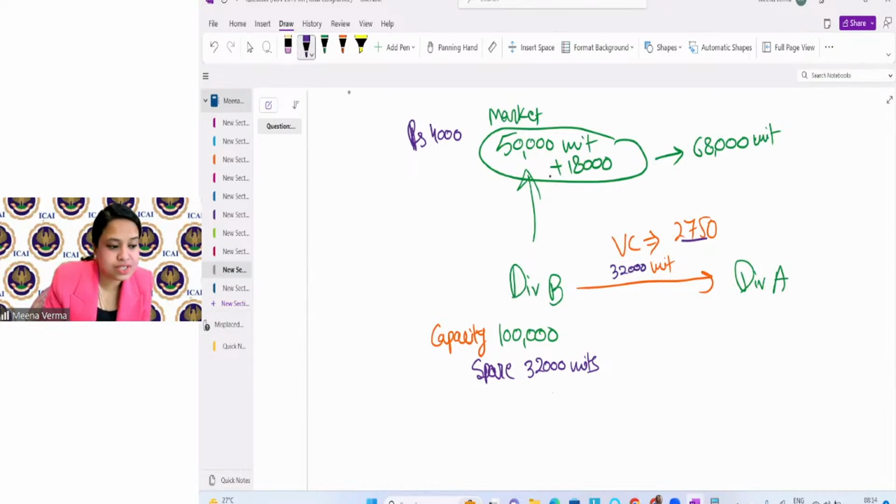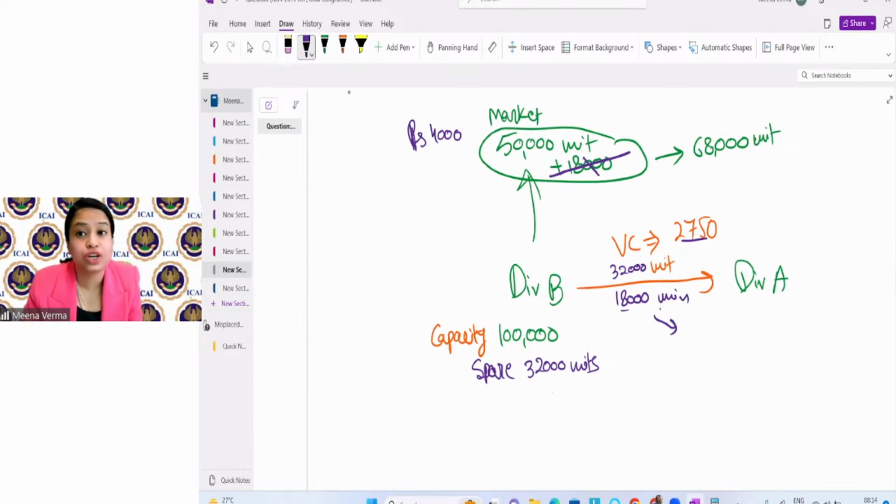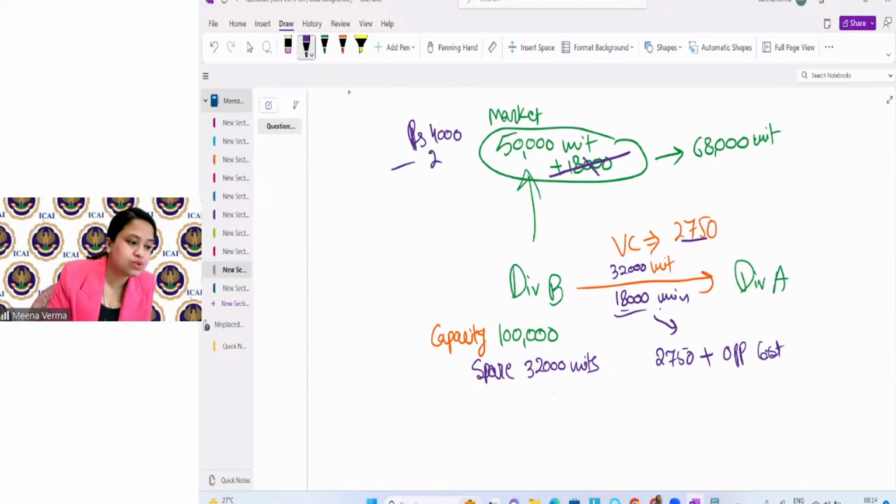But they have said that external can come later, first the internal transfer has to be done. So what will happen now for these 18,000 units? You will lose the opportunity cost, you lose the profit here. So you want to recover the variable cost of 2,750, plus you want to recover the opportunity cost on these 18,000 units, which is what you are losing here.